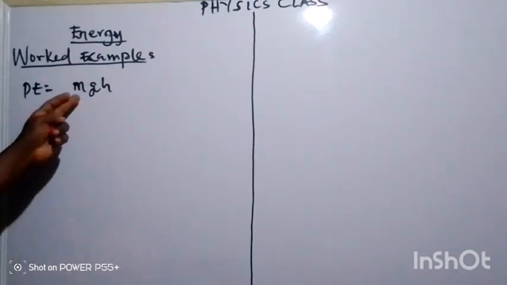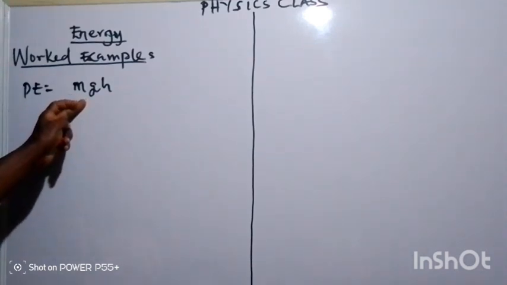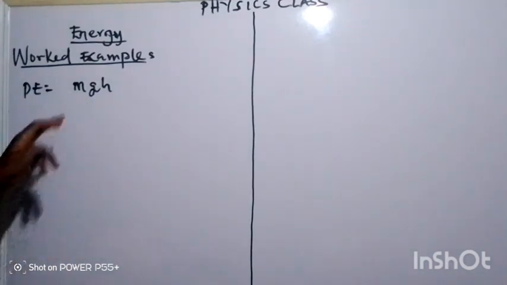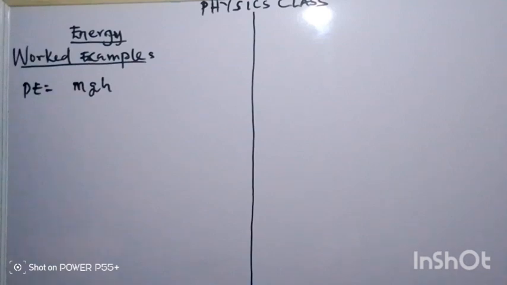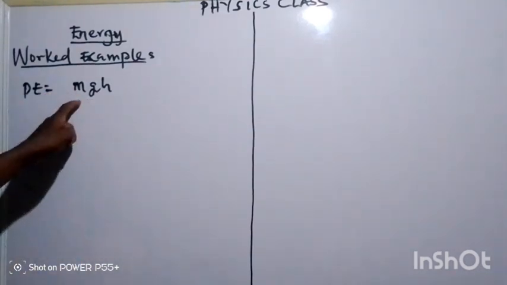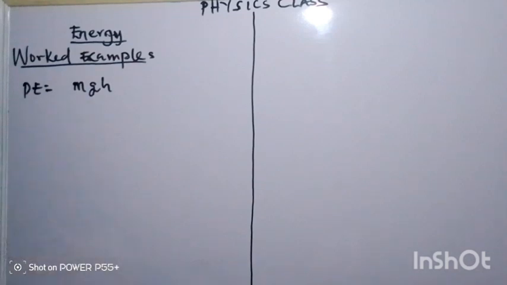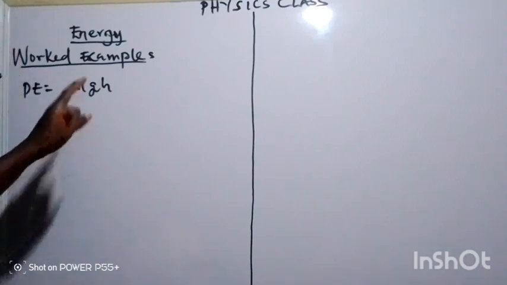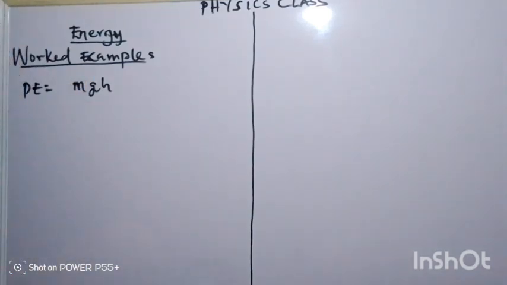So the potential energy of a body depends on these three factors: the mass of the body, the acceleration due to gravity, and the height of the object from the horizontal level. That is for potential energy.